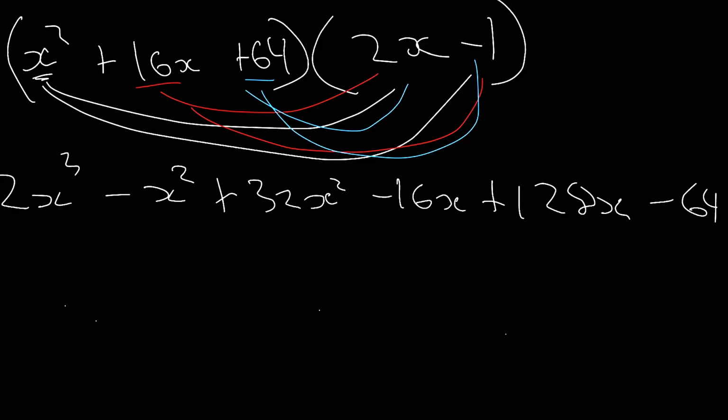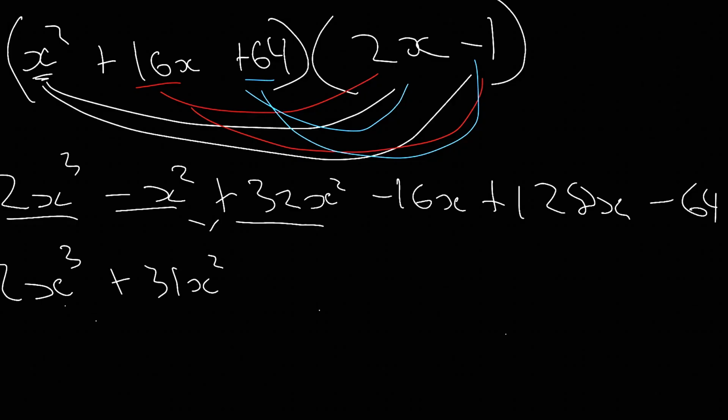Finally, we collect like terms, so this 2x cubed, there isn't any other value with x cubed, so I just chuck it down. Minus x squared and plus 32x squared are like terms as they both have x squared. So minus x squared plus 32x squared gives me just plus 31x squared.